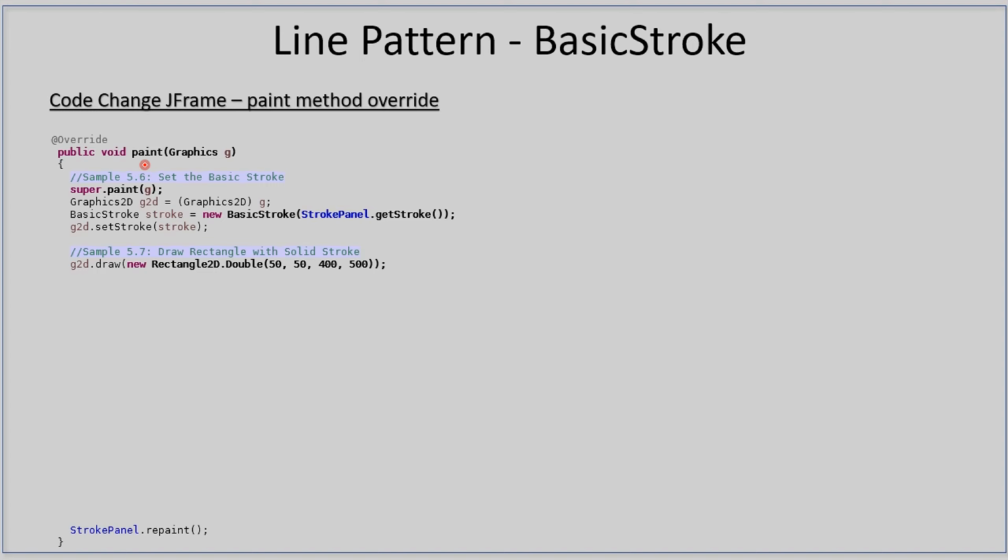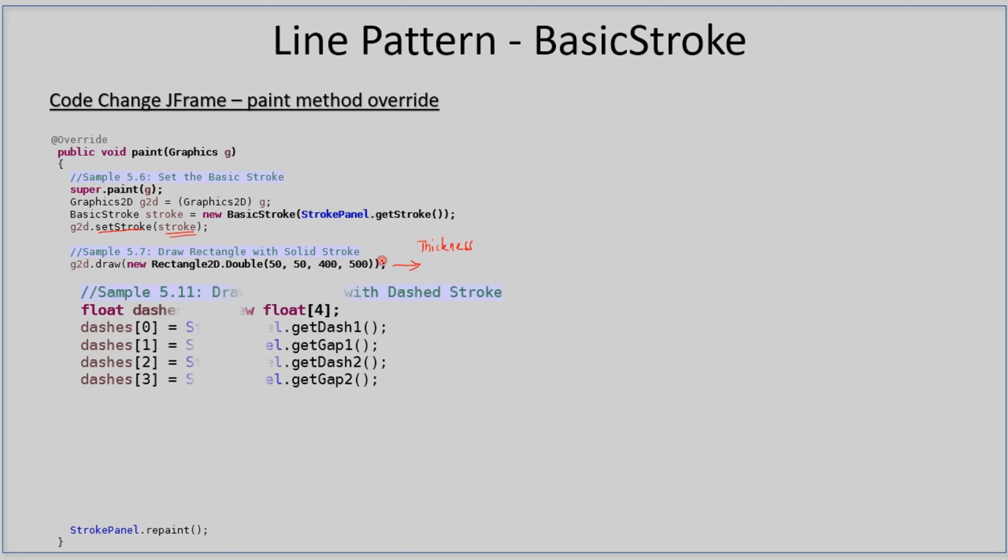Using this previously defined paint method, we checked how the line thickness worked. We set the stroke by providing the BasicStroke instance. We drew the rectangle. So this is the first rect which used a pen thickness.